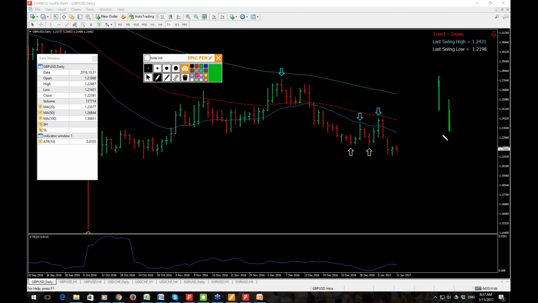3 things you need to look at. First, you look for the low to be lower than the low of the previous day's bar. This is what I'm going to teach you right now, to determine momentum. I'm going to give you 3 factors to determine momentum.